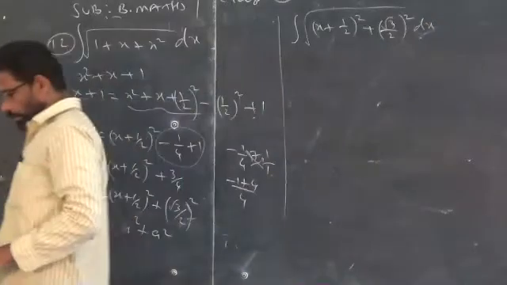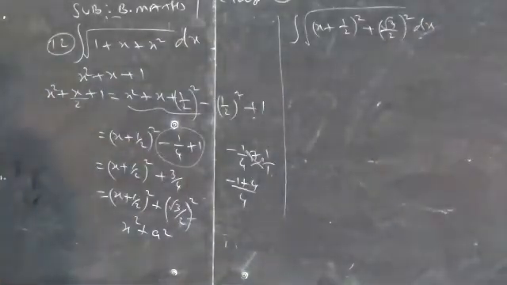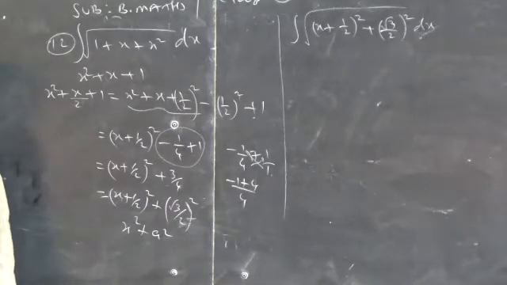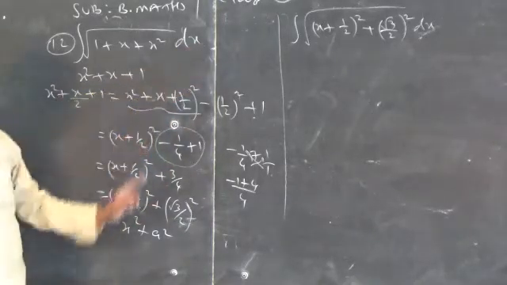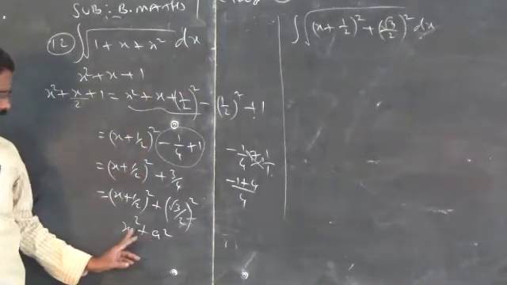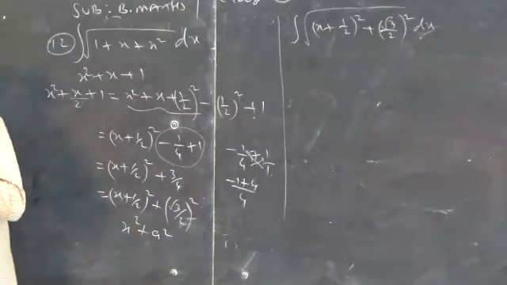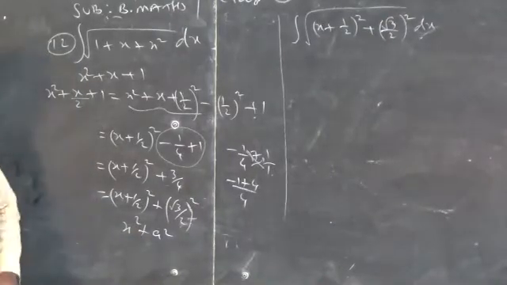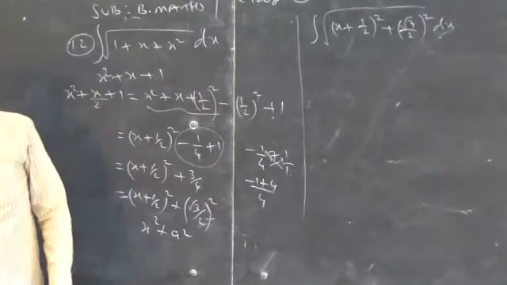You just have to refer to the formula which is suitable for this question. Let me see page number 59 again. x square plus a square inside the square root. See the question, formula number 6.